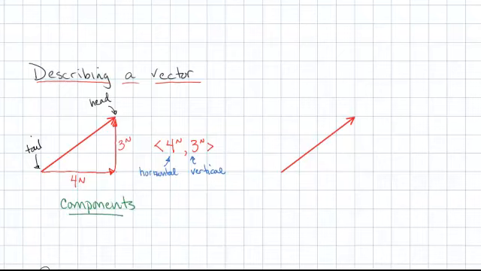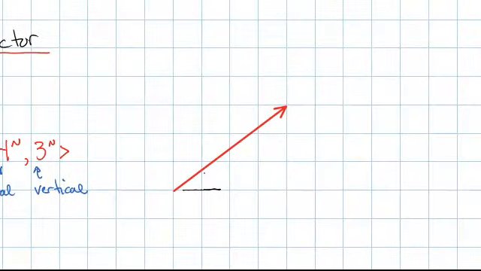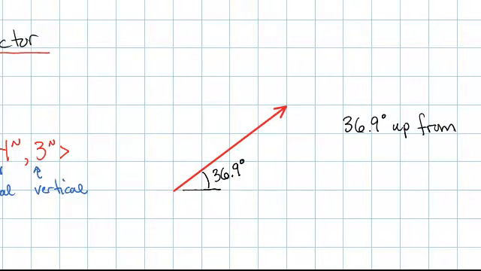The second way, notice we have the same vector here, is to describe its angle or direction. So maybe you could say, oh, well, this is at 36.9 degrees up from horizontal. That's the direction. And in addition to giving the direction, we also need to give the magnitude.